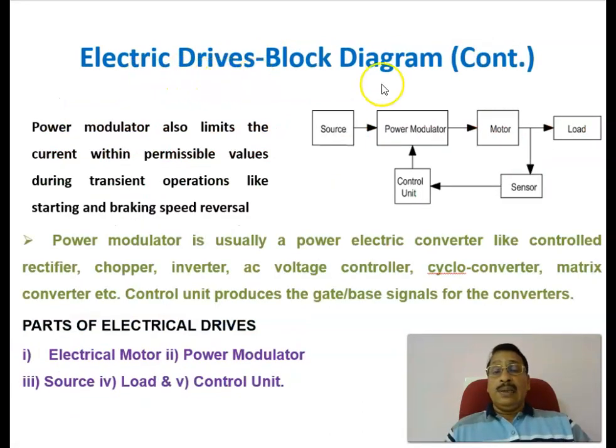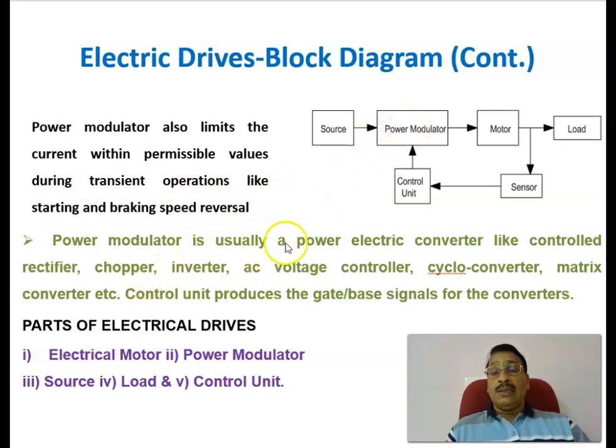Continuing the diagram of electric drives, as I already explained, the role of the power modulator. The power modulator also limits the current within permissible values during transient operation, like starting, braking, or speed reversal, etc. During that, the current is being limited by the power modulator.